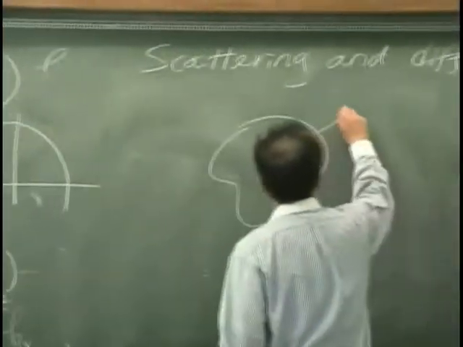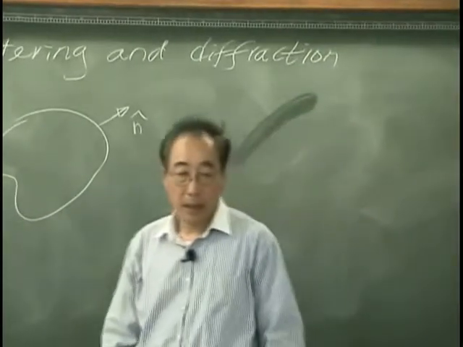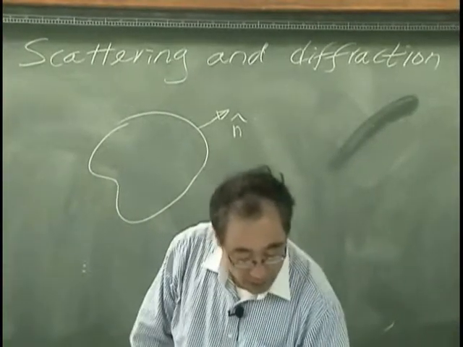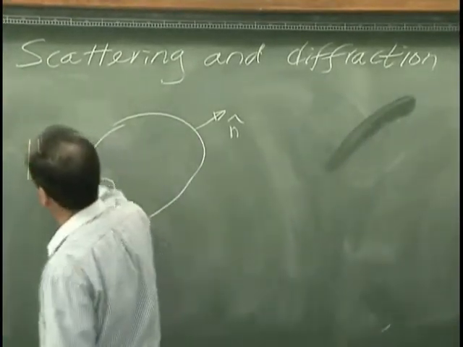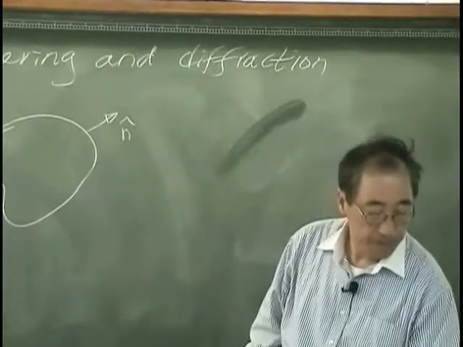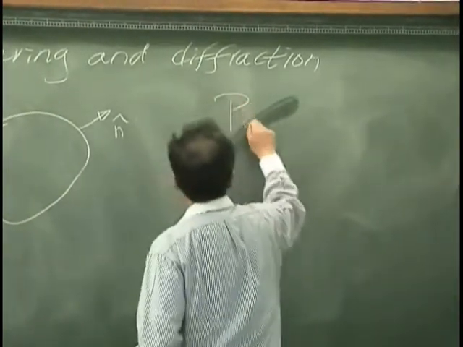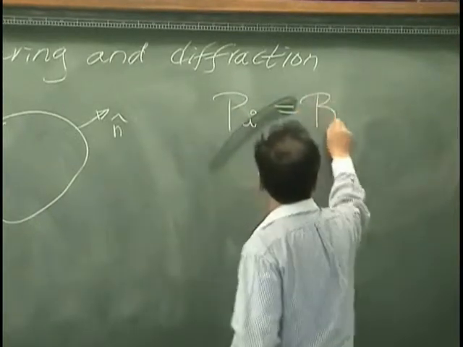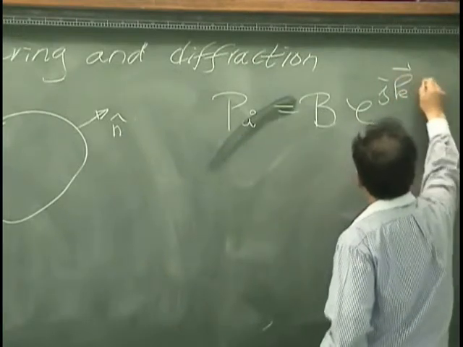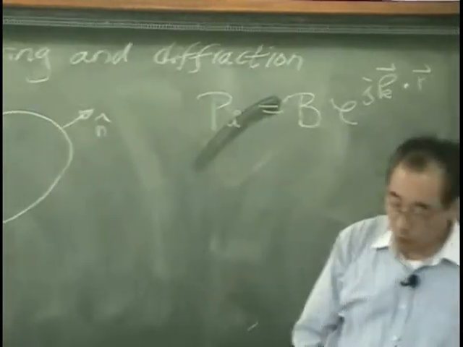Okay, let's denote this as the normal vector. And I assume that the wave is coming in a certain direction, like this. I denote this as the incident wave, and it has magnitude B and exponential of minus jk dot r, where k is the wave number.